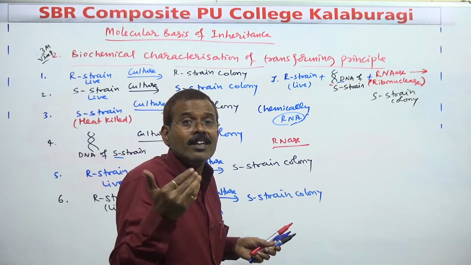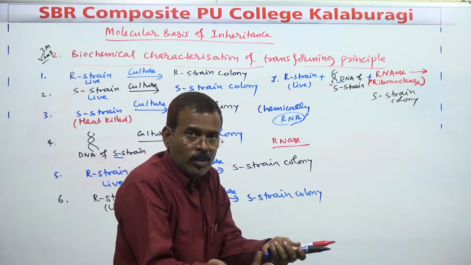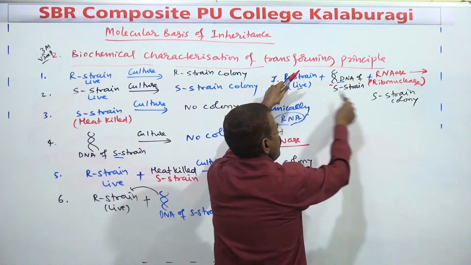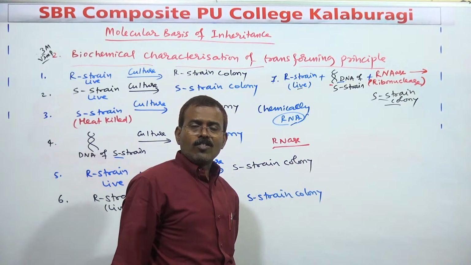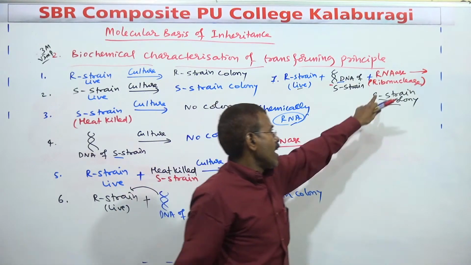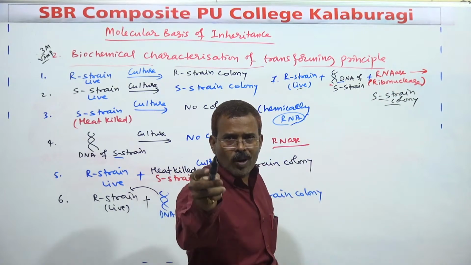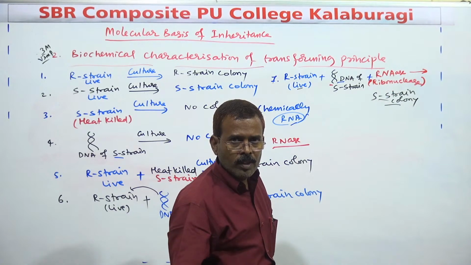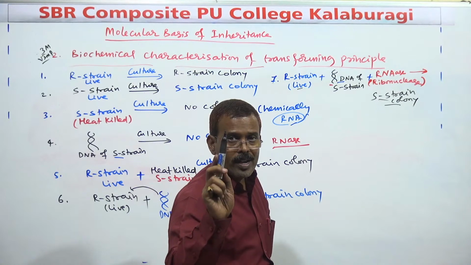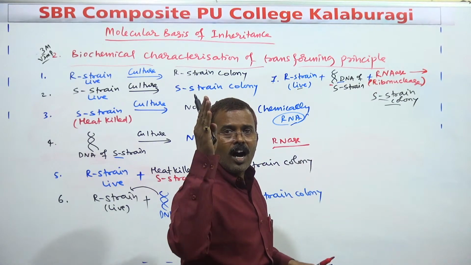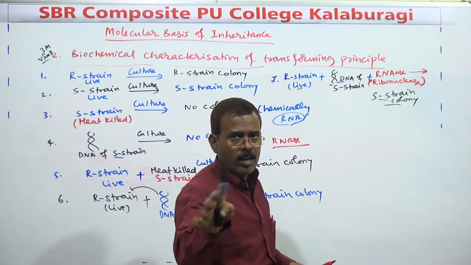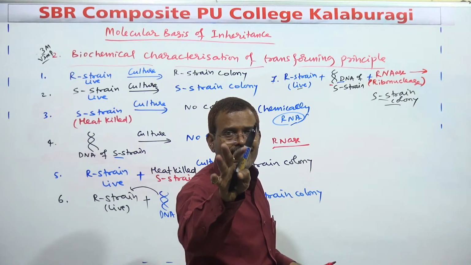Transformation occurred. Live R strain changed into smooth strain. That's because this ribonuclease can act only on RNA. It will not act on DNA. Ribonuclease can digest RNA, cannot digest DNA.